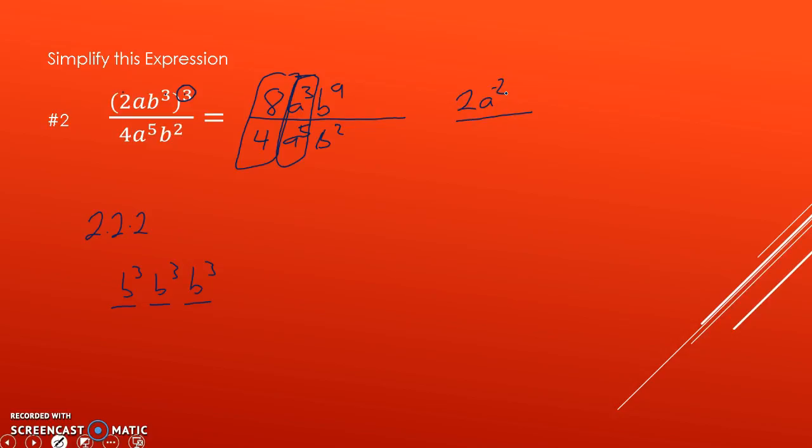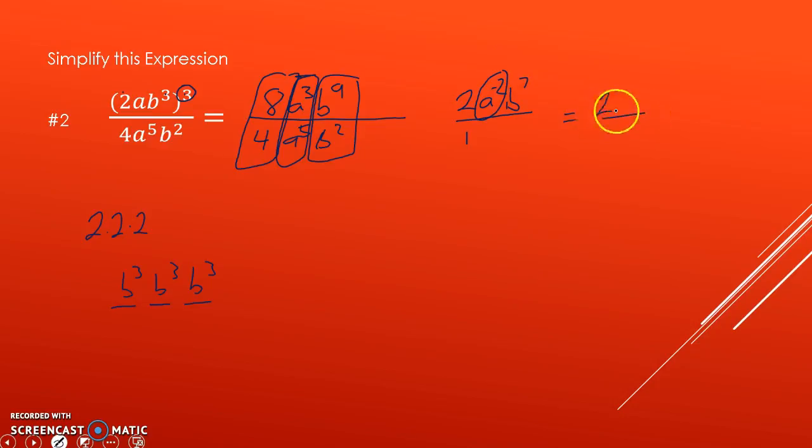And so that's a to the negative 2nd. And then if I have b to the 9th over b to the 2nd, that's b to the 7th power. And so all of this is over 1, but then I have a negative exponent, and I want to move that to make it a positive exponent, and I make a negative exponent positive by moving it to the bottom.